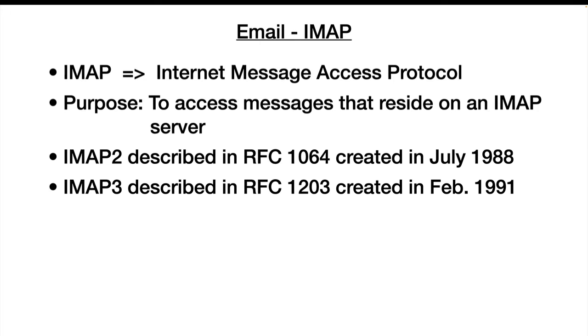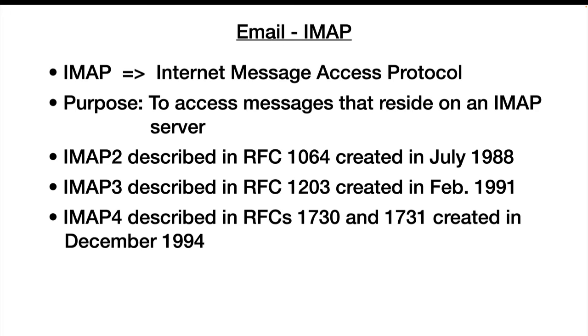It's described in RFC 1203, and then 3.5 years or so after that, IMAP 4 comes out and is actually described in 2 RFCs. If I recall correctly, RFC 1730 actually talks about the IMAP protocol, and RFC 1731 talks about the authentication process related to IMAP. So it's just another protocol for retrieving email.